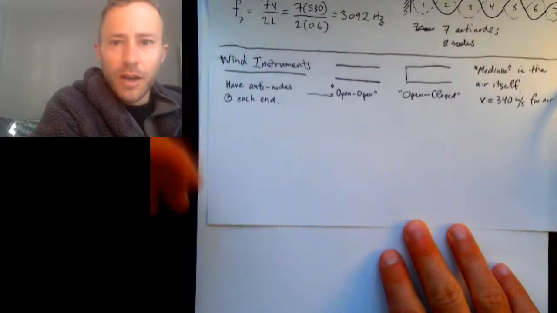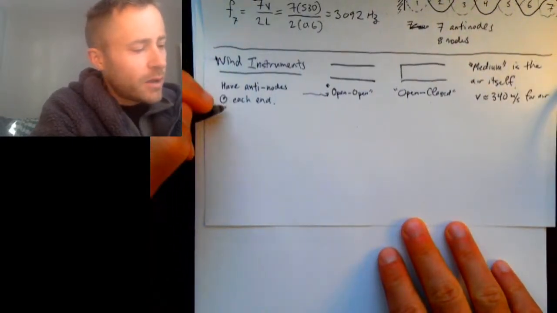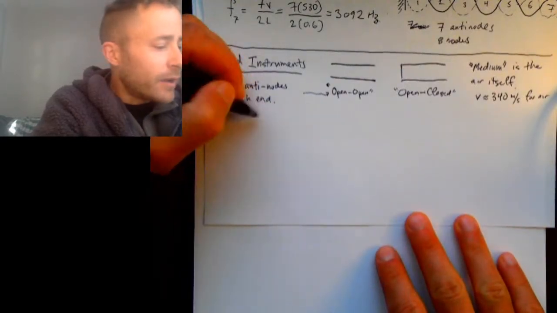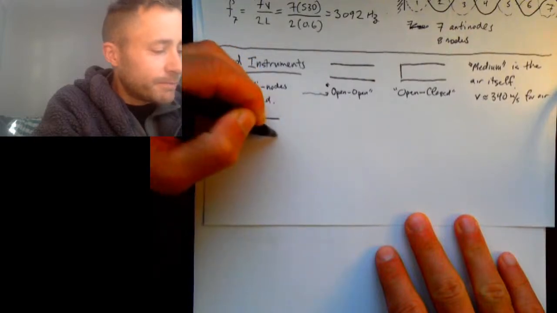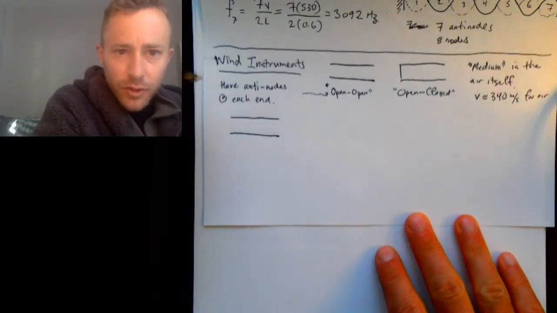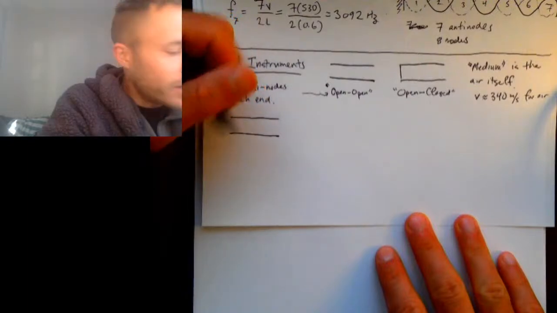So we can just go through and draw the harmonics. It turns out that the first harmonic you can draw kind of looks like an hourglass.